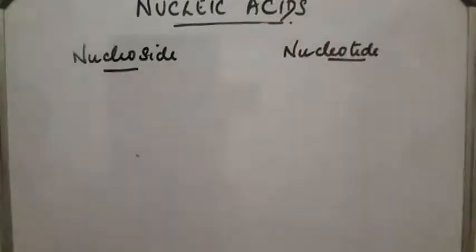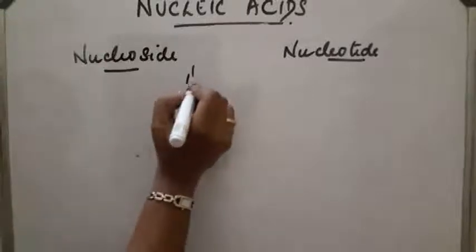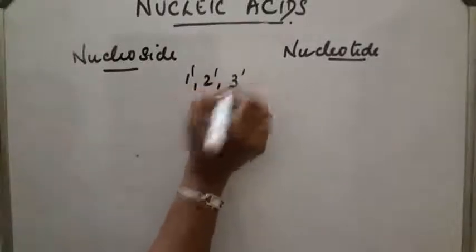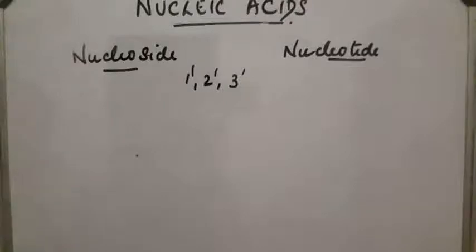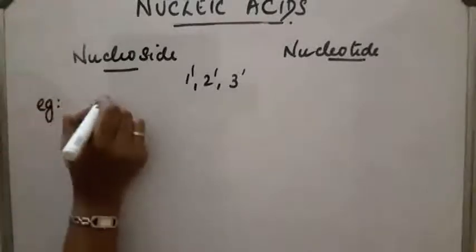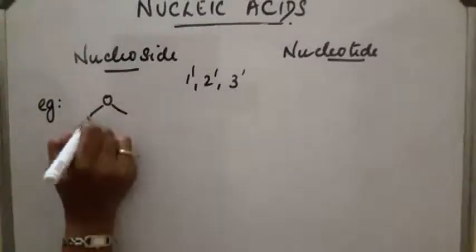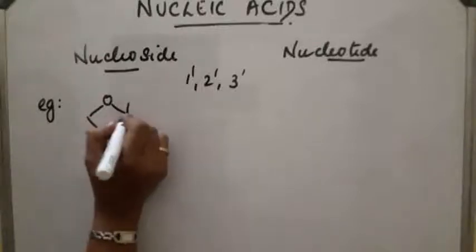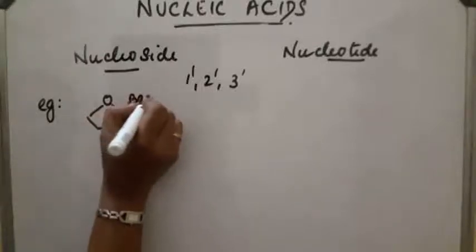Here in the structure, the carbon atoms are numbered as 1 dash, 2 dash, 3 dash, etc. In the case of a nucleoside, the base is attached to the 1 dash carbon atom of the sugar, like this.